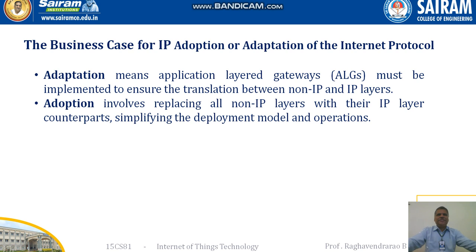Next, let us see the business case for IP adoption or adaptation of the Internet protocol. What do we mean by adaptation? Here, application layer gateways, ALGs, must be implemented to ensure the translation between non-IP and IP layers.